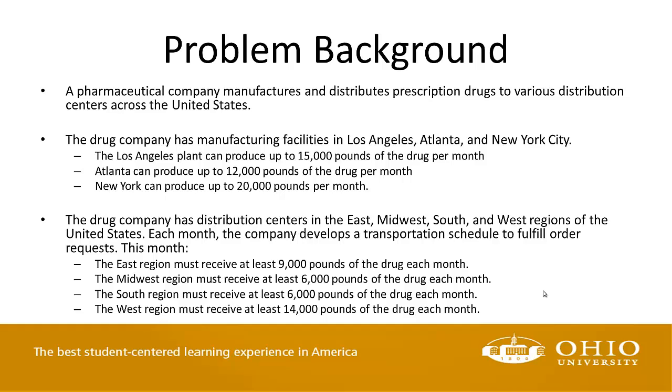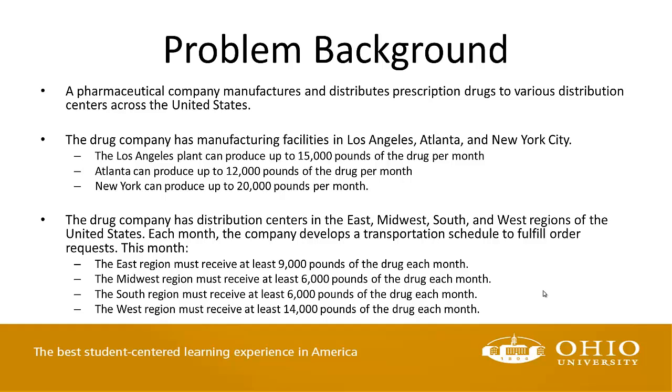So it could be that the East region put in a request for a schedule of more than 9,000, and that would be okay. There would be a problem if we're sending them less than their minimum desired amount. The Midwest region must receive at least 6,000, South 6,000, and the West region is requesting 14,000.